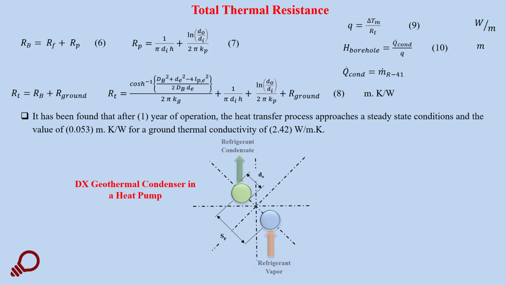And Q condensation will be calculated from the condensation of Freon R410A by multiplying the mass flow rate by the latent heat, and that will be represented in equation number 11. From these equations, we may estimate the Q value, which represents the heat loading of the heat exchanger.